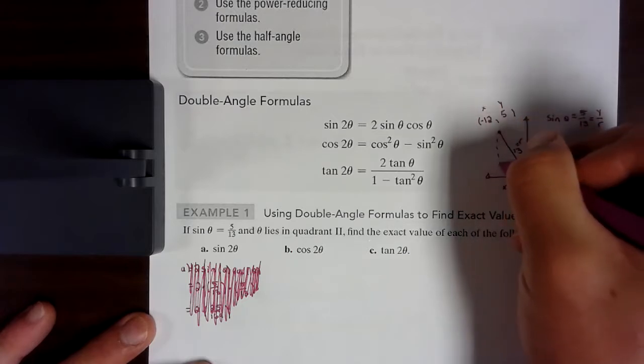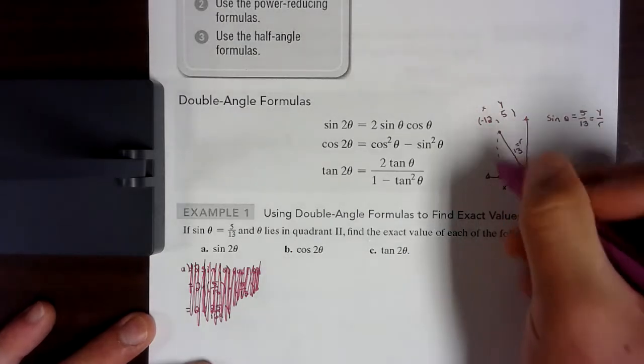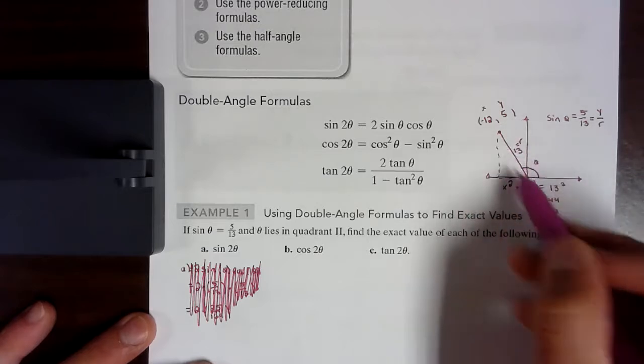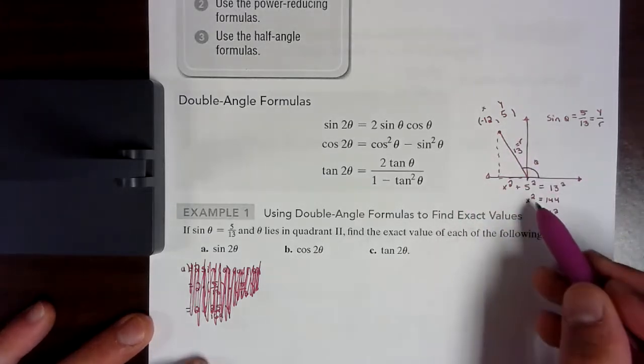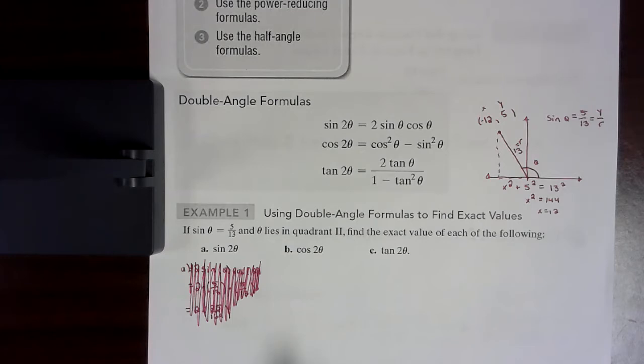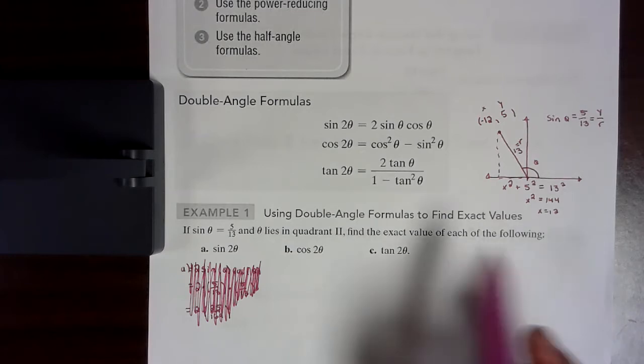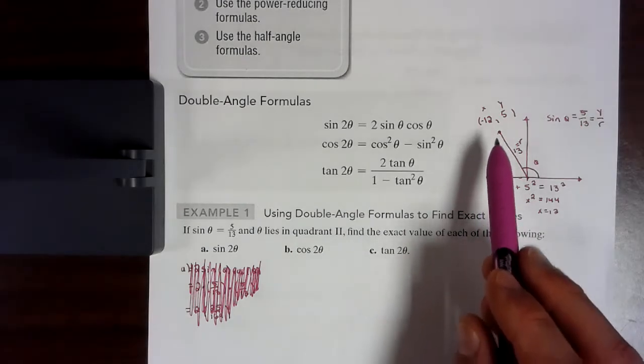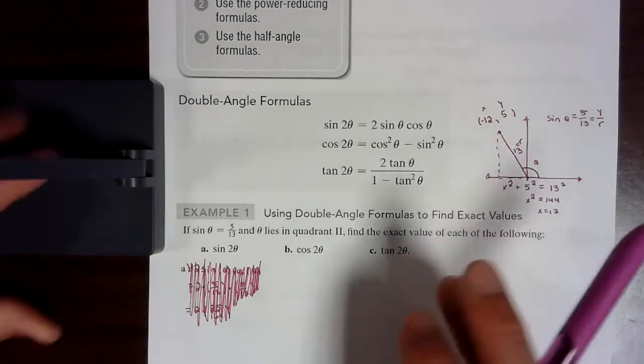So if I drew a line down here, we know that y is 5. We don't know x. So x squared plus 5 squared equals that radius squared, 13 squared. So after a little simplifying, we get x squared is 144, giving us that x is 12. Now the fact that we're in quadrant 2 means that x is negative. So this is a negative 12.